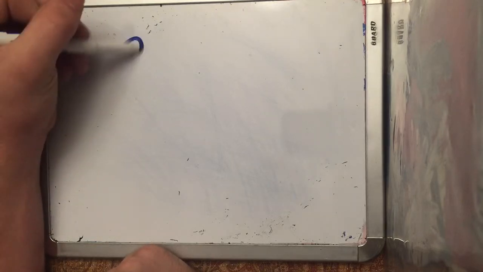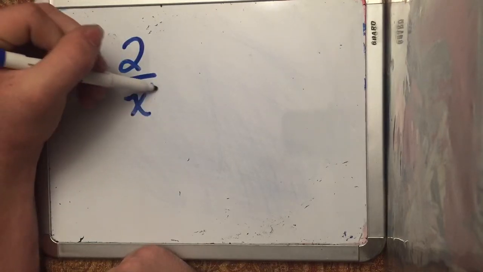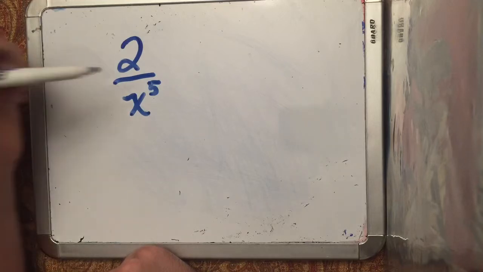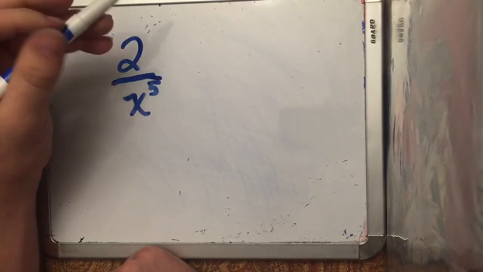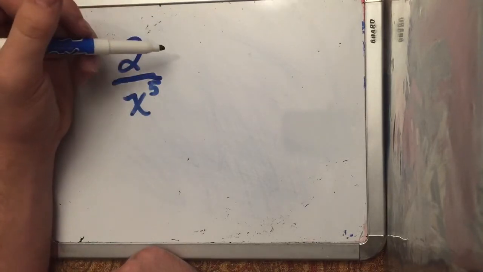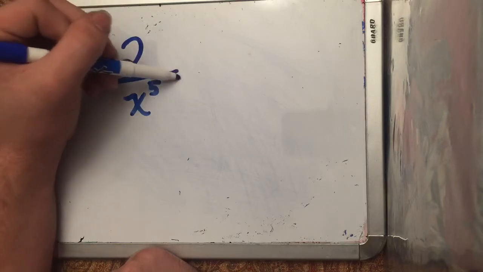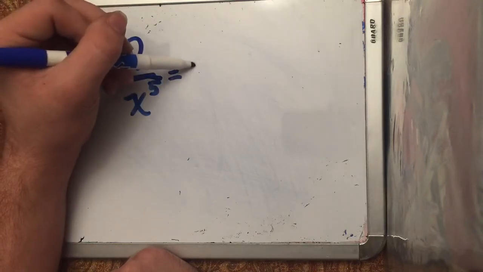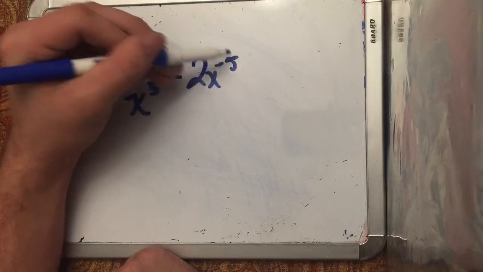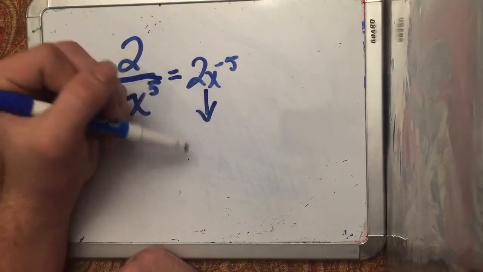Also, we're going to need to find derivatives of functions that look odd, like this rational function of 2 over x to the fifth. So we're going to rewrite this as 2x to the negative 5, which will help us use the power rule to solve it.